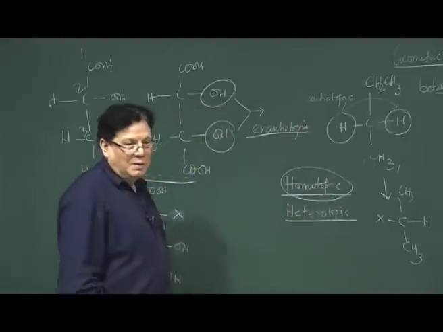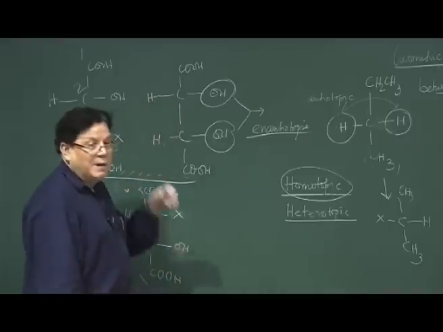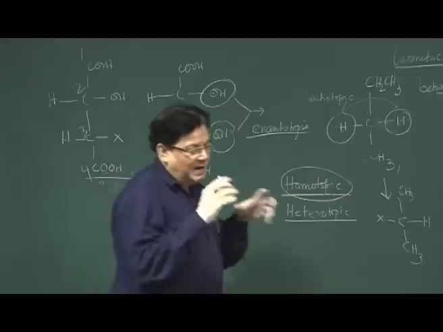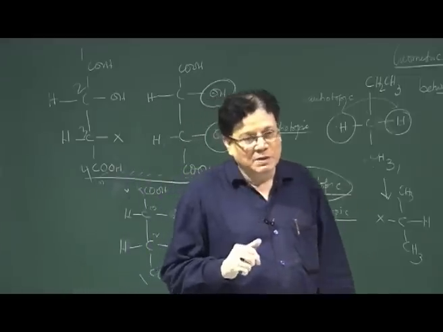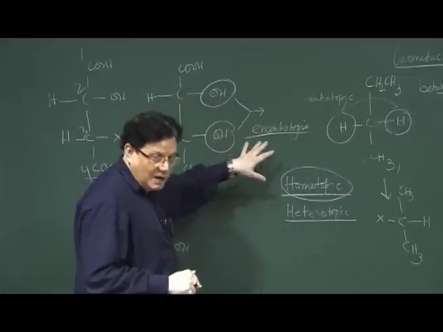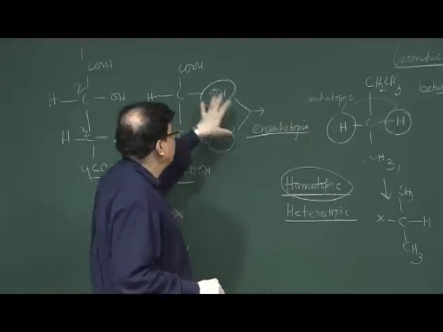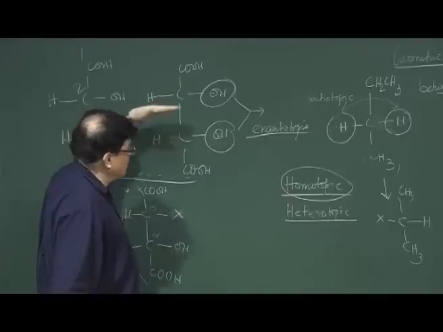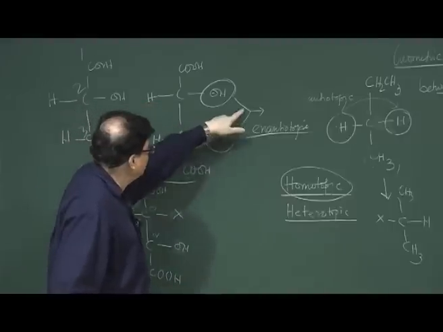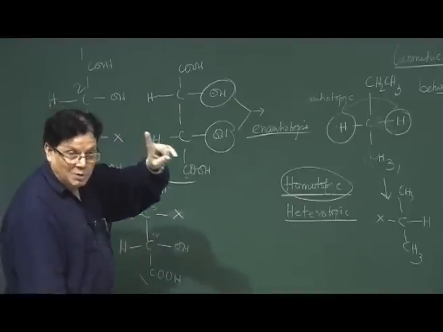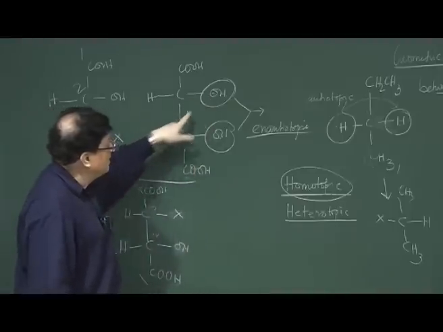Okay. And in terms of symmetry elements, I gave you how to do homotopic. Homotopic ligands are connected by C2. Heterotopic ligands, if they are enantiotopic, then they are connected by sigma, like here you see there is a sigma plane. Earlier there was C2, so that made the two OHs homotopic.